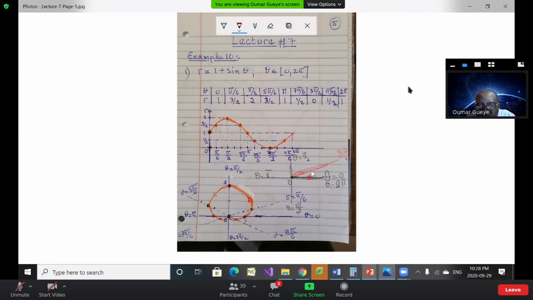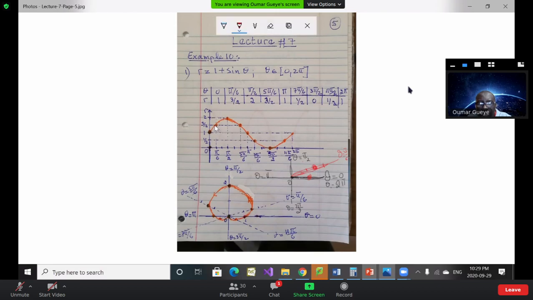It means this angle is equal to pi over 6. That's the meaning of this writing. Now, when theta equals pi over 6, r equals 1.5, so I have to take on this line 1.5 units from 0. Let's say this is 1, and we have 2 here, so 1.5 is going to be here. This is my second point.